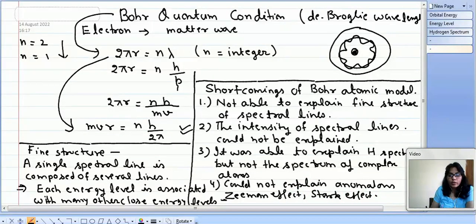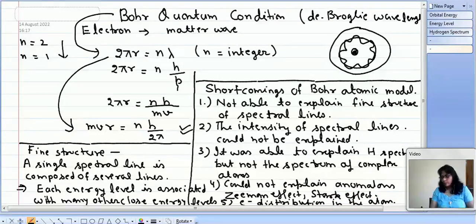Then it was not able to explain the electron distribution in the atom. So these were some points which could not be explained on the basis of the Bohr atomic model.